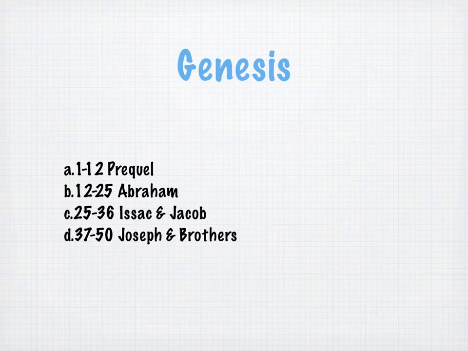The stories of Abraham, Isaac, Jacob, Joseph and his brothers are the stories of the patriarchs, the great names in our family history. These stories would have been passed on orally from generation to generation.